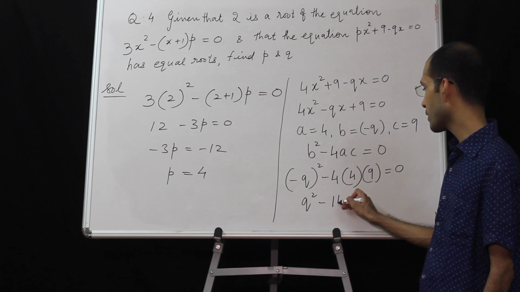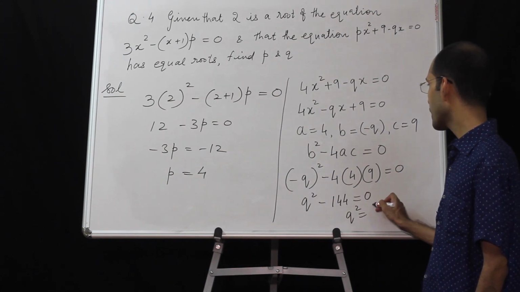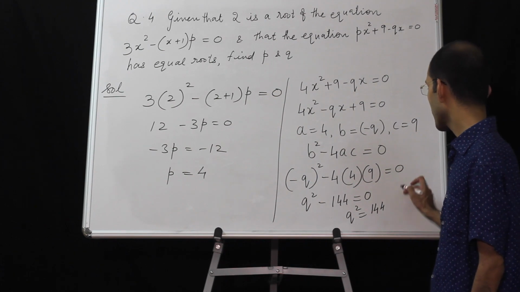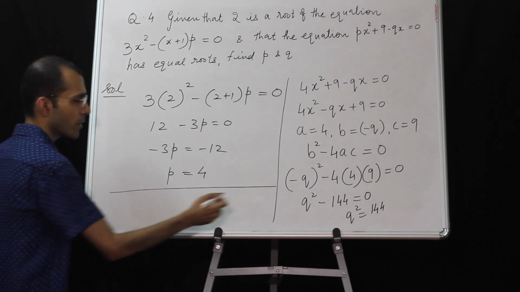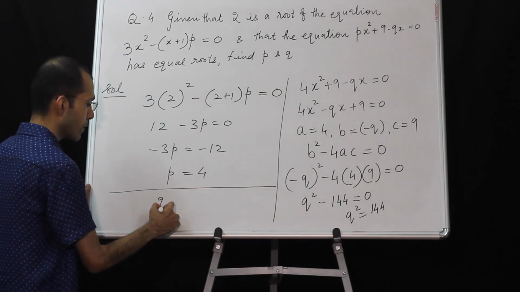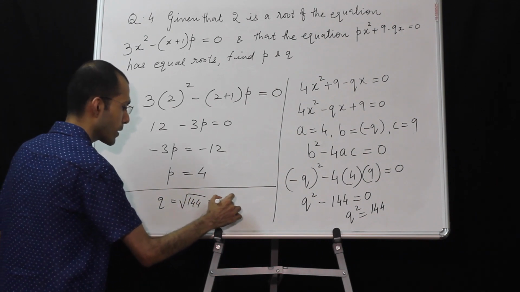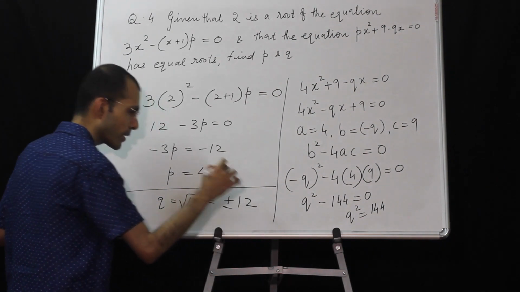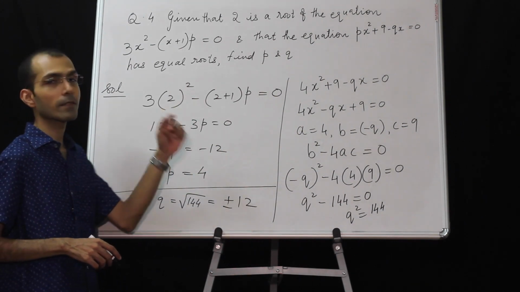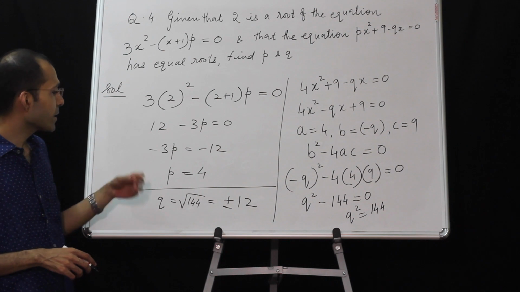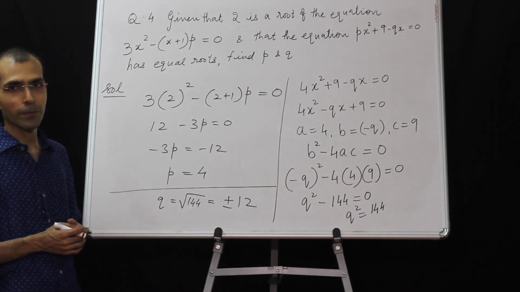This minus you bring it down. So q square will be 144. Q square is 144, so q will be square root of 144, which is plus or minus 12. So here both answers will work. So q can either be 12 or q can also be minus 12.